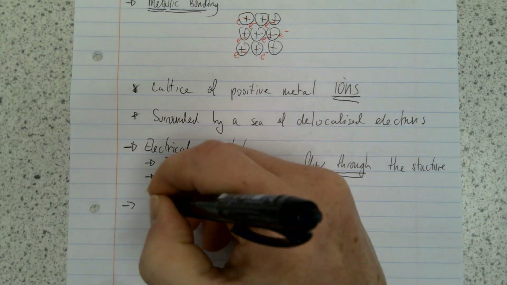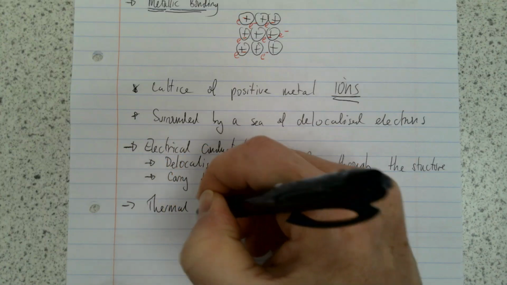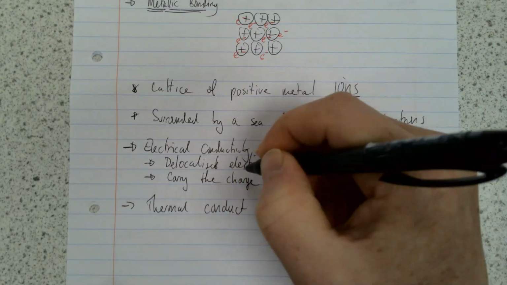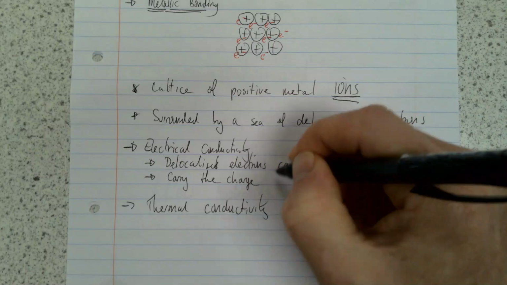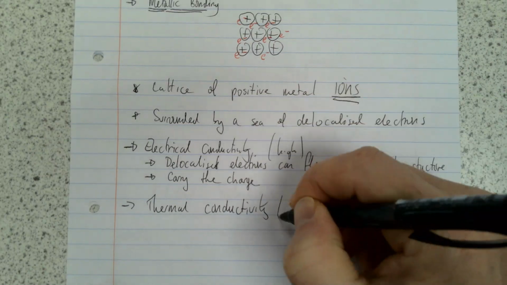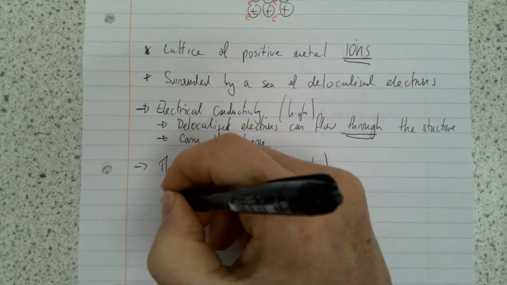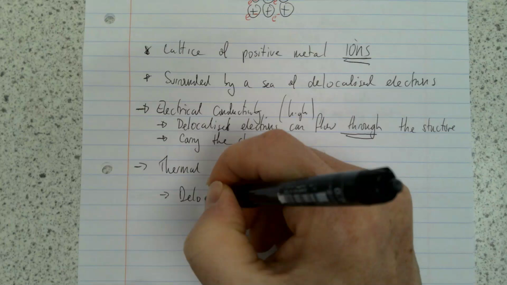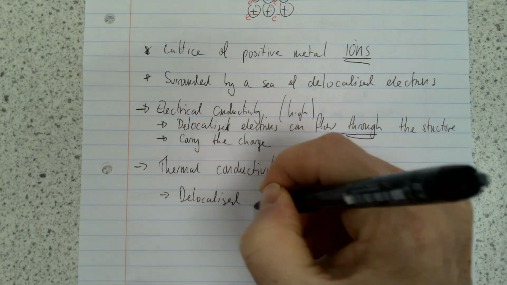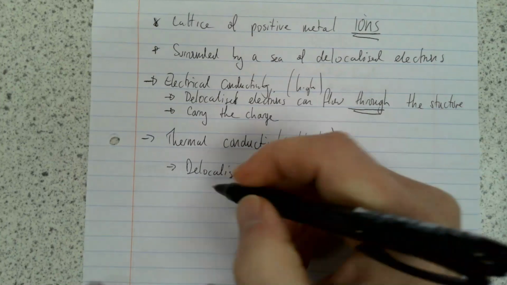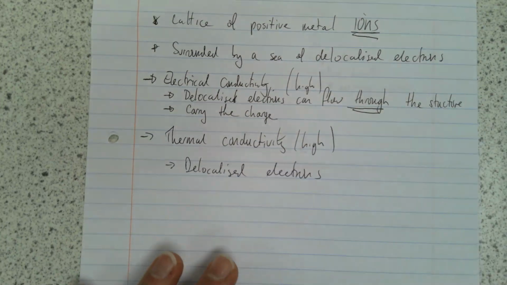And they've also got thermal conductivity, very high thermal conductivity. So high and high. And again, we've got delocalized electrons, and these can flow, I'd say, throughout the structure this time.